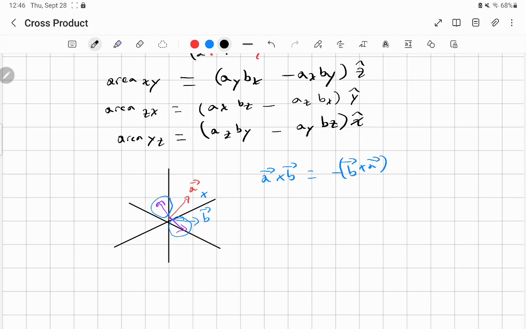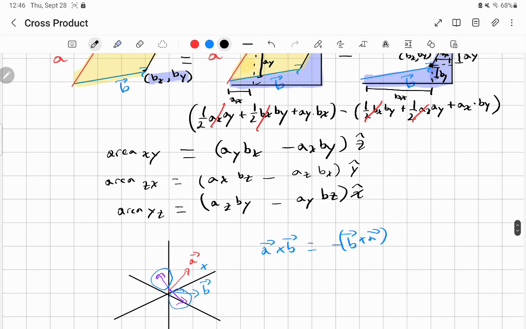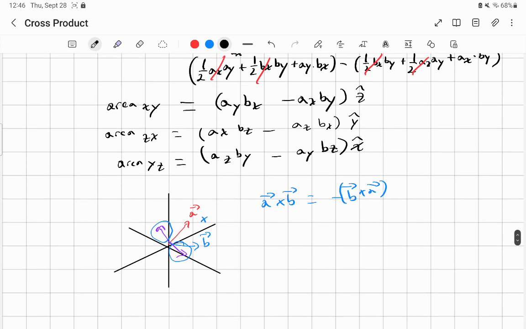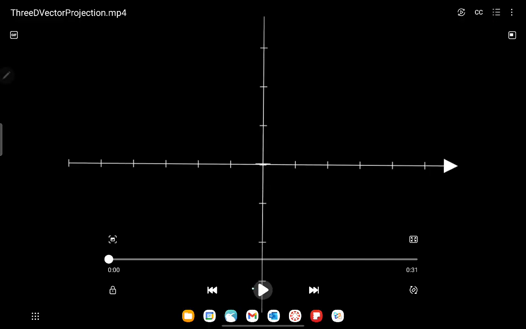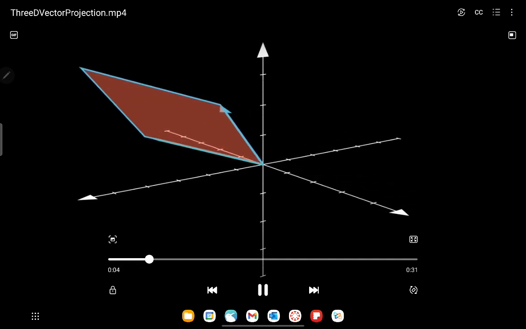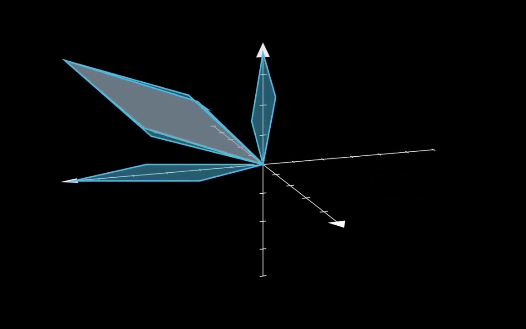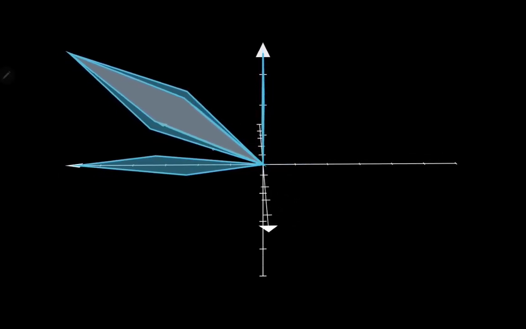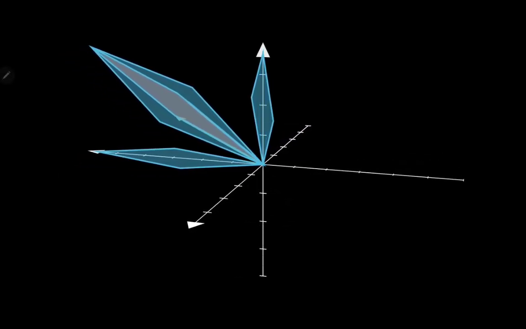Okay, but anyways, how does this whole parallelogram area stuff fit in when we have 2 3D vectors? Well, I'm going to show you an animation to clear that up. So here we can see we're defining 2 3D vectors and the parallelogram between them. And now I'm just going to project this parallelogram onto the different axes, okay?